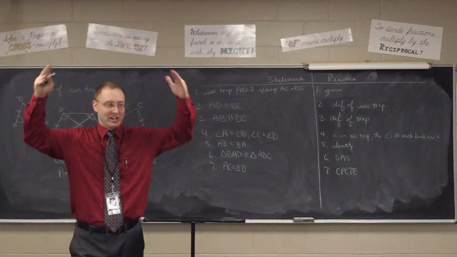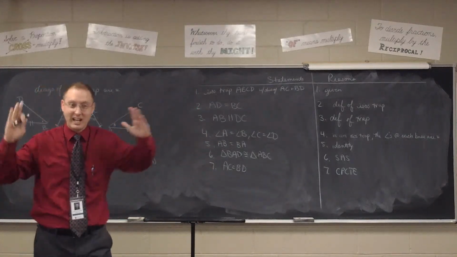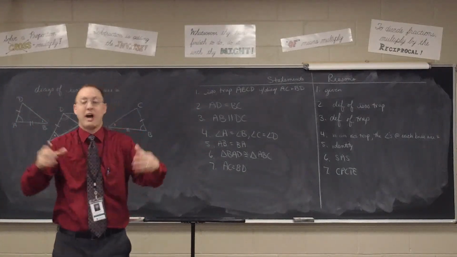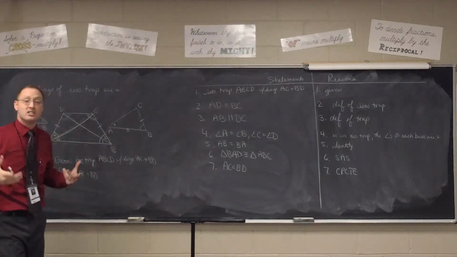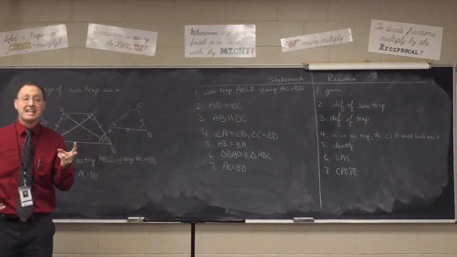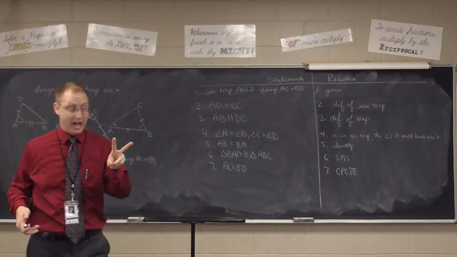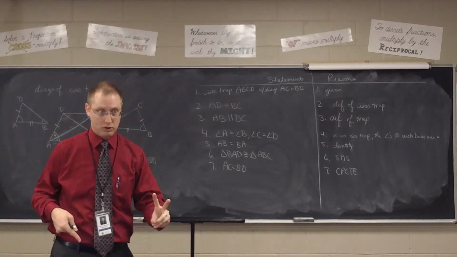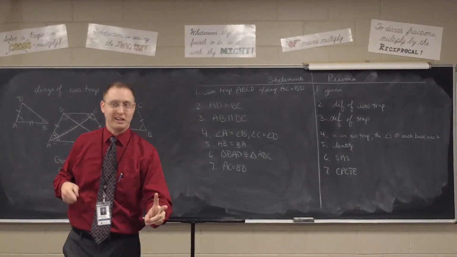Legs are equal. I think somebody already said it and I just haven't accounted for it. Yeah, legs are equal, bases are parallel, diagonals are equal, angles at either base are equal. Lots of stuff we know about isosceles trapezoid. Lots of stuff we know about the median of a trapezoid. And all of it's in class notes. So make sure you study class notes.